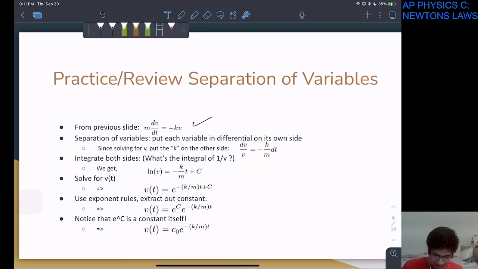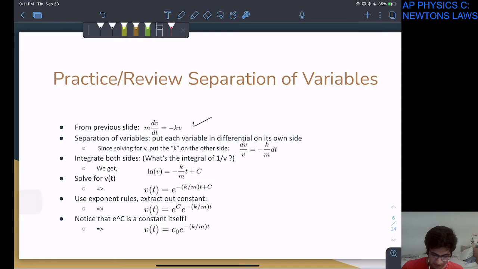Now we want to figure out how to solve for v. Well, we take the integral, because we want to get rid of the dv term. The integral of 1 over v is the natural log of v.